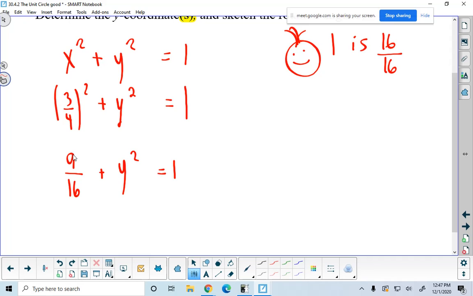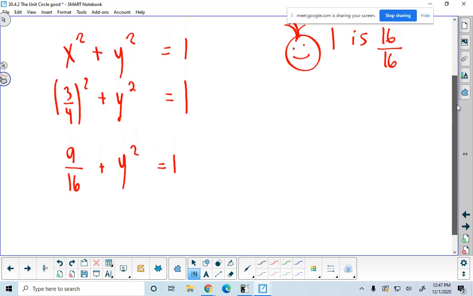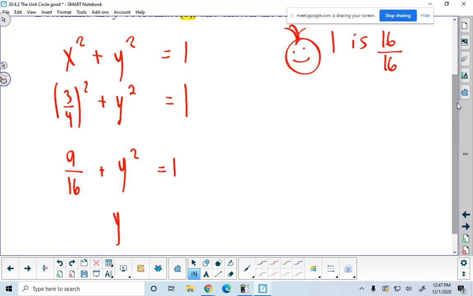Because I'm about to subtract 9/16 from 1, I want to think in terms of a common denominator. So I'm going to have y squared equals 16/16. That's what I'm doing. I'm converting 1 to a common denominator of 16, minus 9/16.